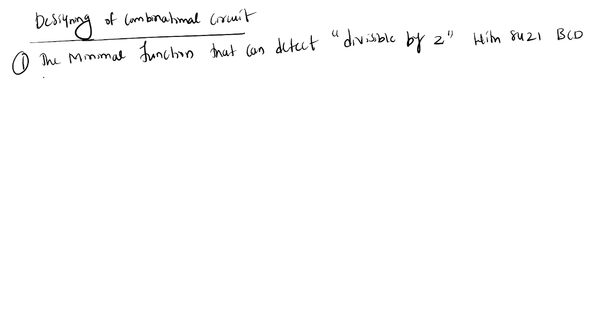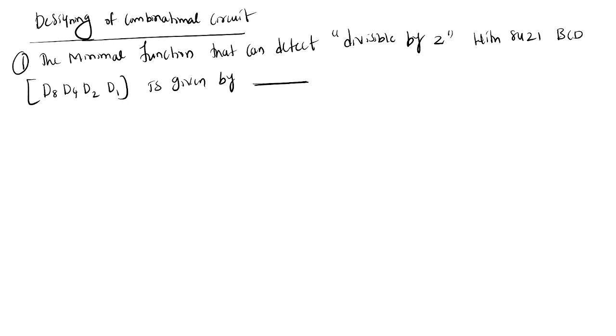Let us take the BCD inputs as D8, D4, D2 and D1. So we need to find out the minimal function that can detect divisible by 2.